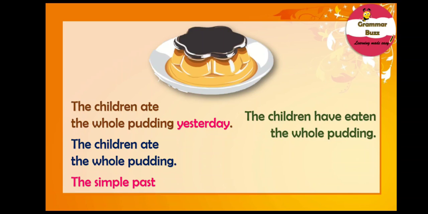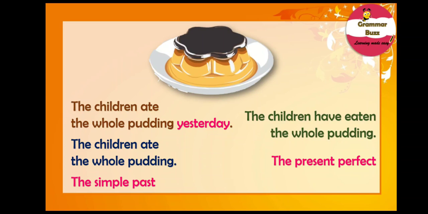So the two sentences are in the simple past tense. But in the sentence, the children have eaten the whole pudding, the time of the action is not specified and it is immaterial. It is not mentioned. So the time when the action have eaten has happened is not important. So the sentence here is in the present perfect tense.